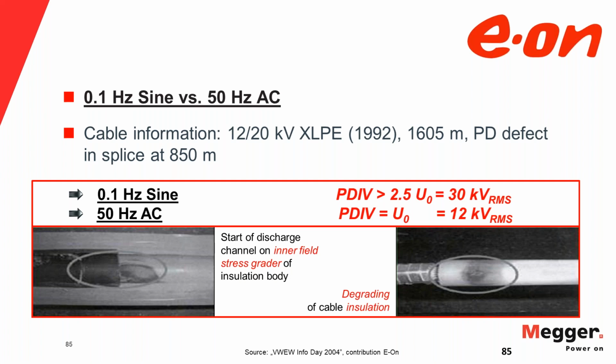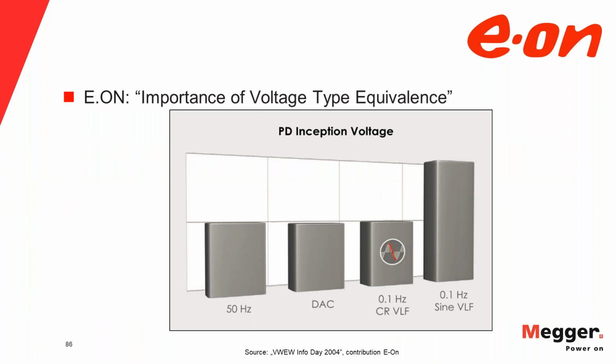So the takeaway message here is that because of the insufficient rate of change of voltage, you get a relationship between the voltage waveforms like this. 50 hertz, not practical for field testing. Damped AC as the gold standard. Slope, the cosine rectangular, diagnostics comparable to damped AC.